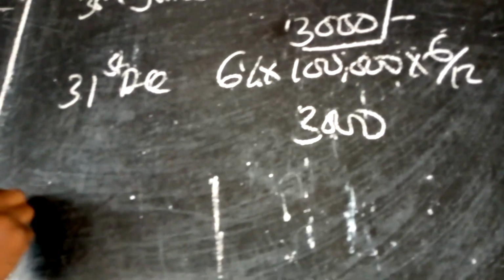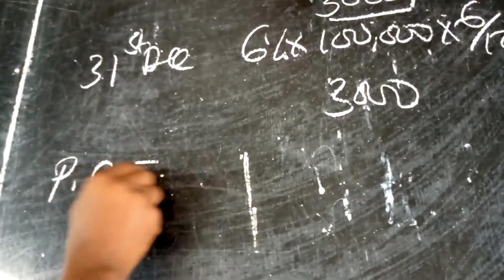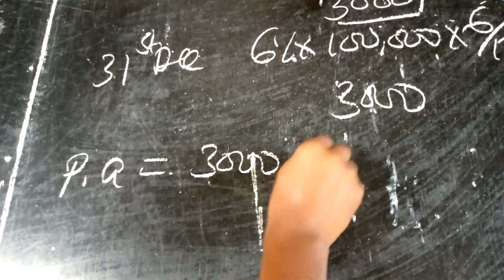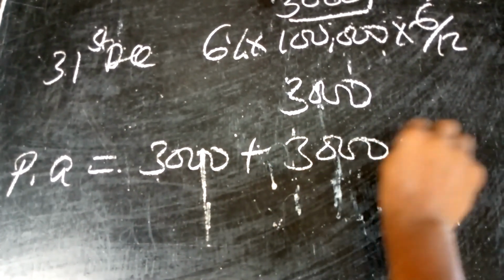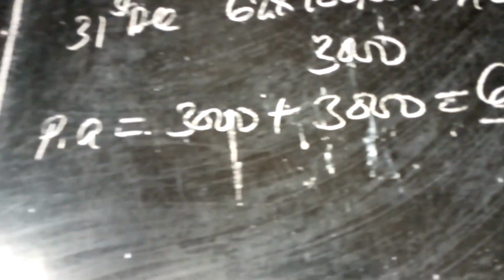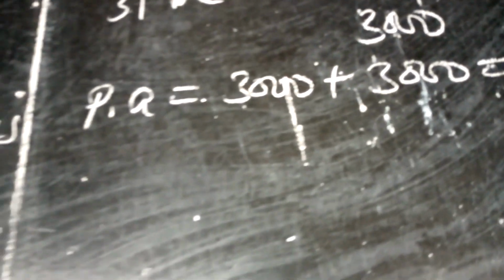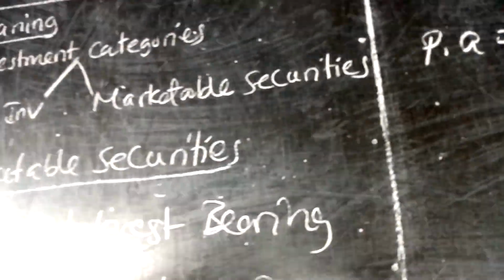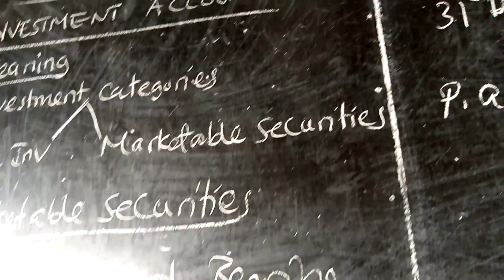So for that particular year, per annum, the total amount from 30th June and December is 6,000. This is how we see each kind of security which has fixed interest bearing.